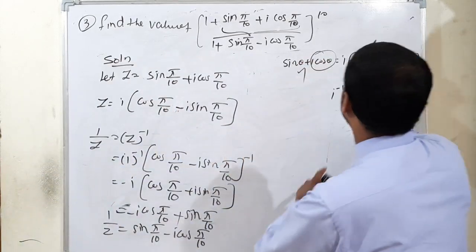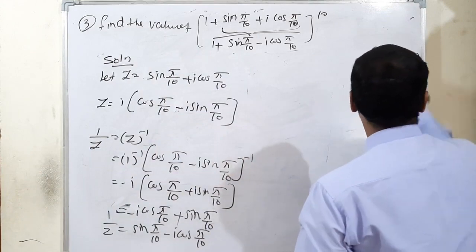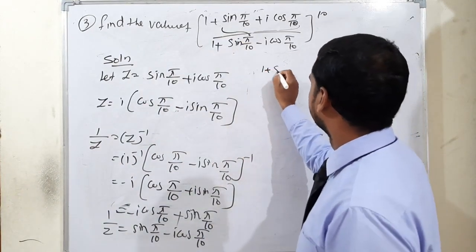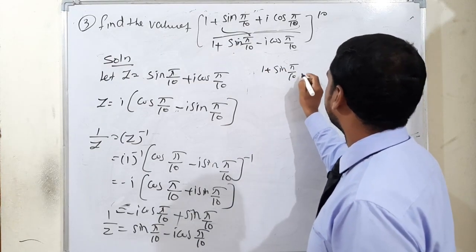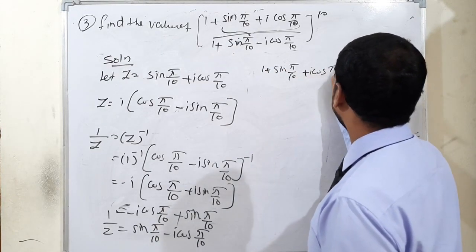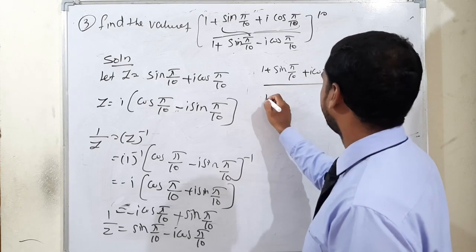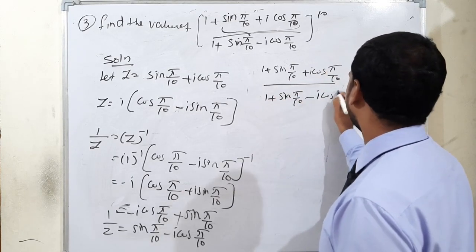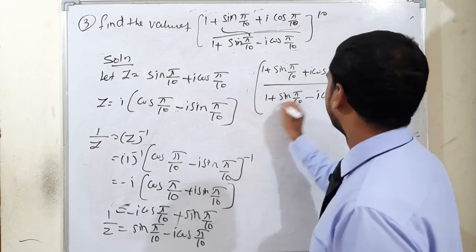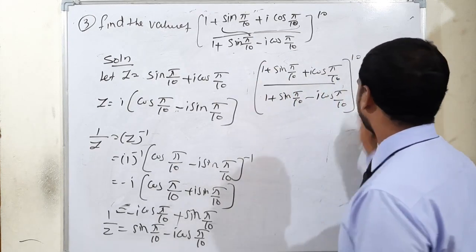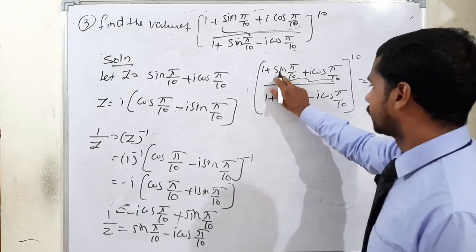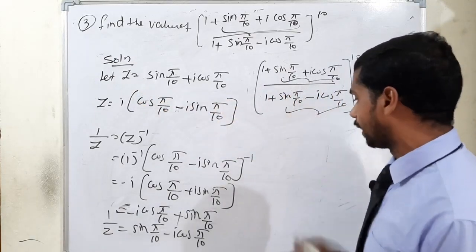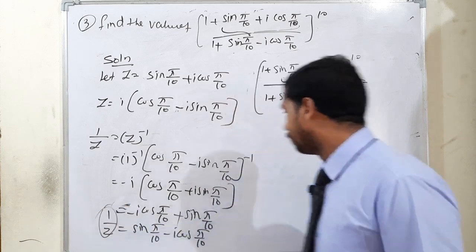Now I am writing the original question. The question is actually (1 plus sin pi by 10 plus i cos pi by 10) divided by (1 plus sin pi by 10 minus i cos pi by 10), the whole power of 10, is equal to, this we considered as z, but the denominator sin pi by 10 minus i cos pi by 10 will be 1 by z.